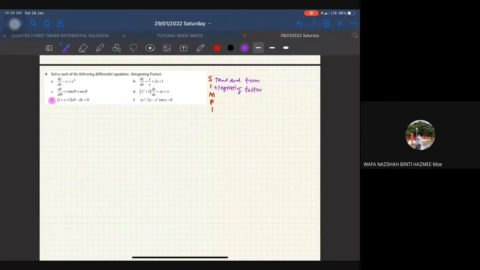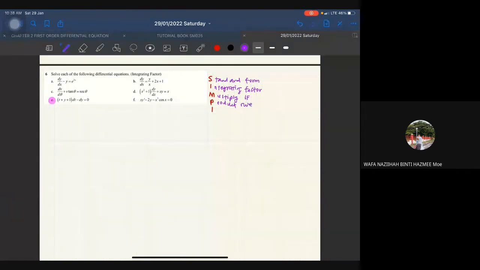M, we multiply our integrating factor. P is product rule. And the last I is integrate both sides. Okay, so these 5 steps we must do to solve differential equations by using integrating factor.